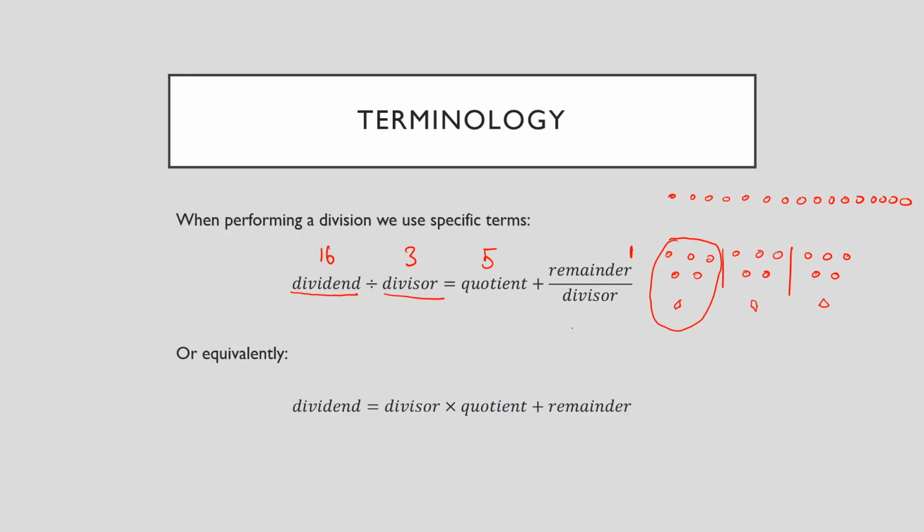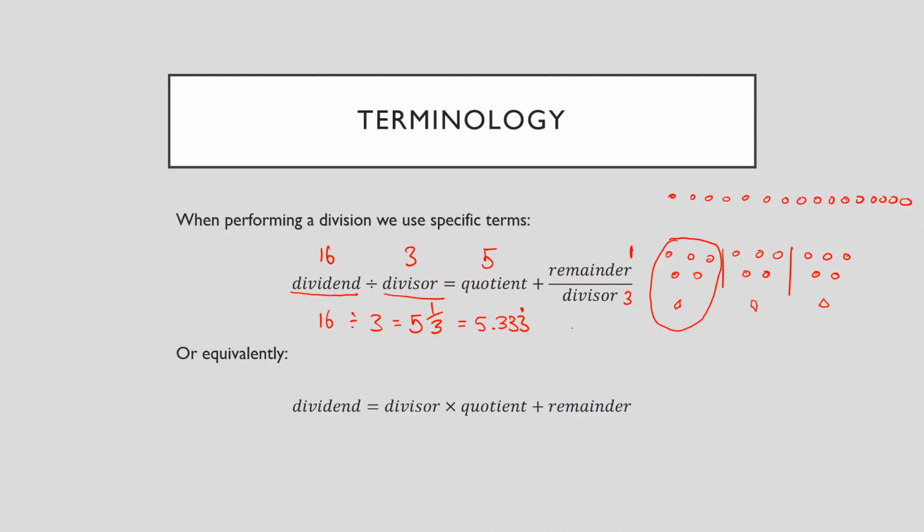So we have to divide that remaining object by 3. In total, 16 divided by 3 is 5 and 1/3, which is equal to 5.333 recurring. So that's what we're doing when we divide.